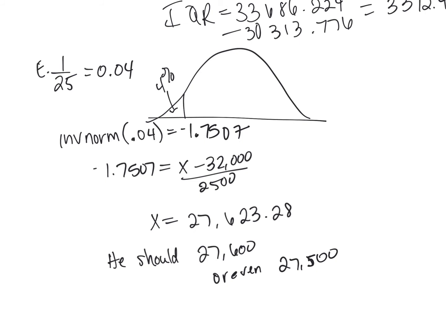If your tires don't last 28,000 miles, he's going to give you a refund. But that's going to make it larger than the 4% he wants to give away to. So we want to round down as we're looking at the dealer's perspective. He's going to round down and it'll keep it close to 4%, right?